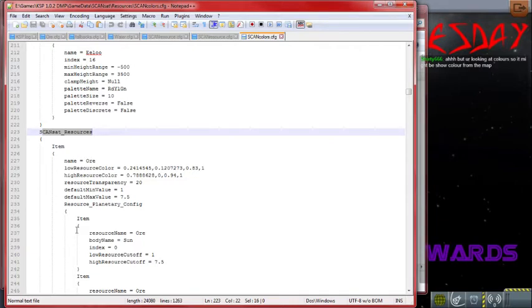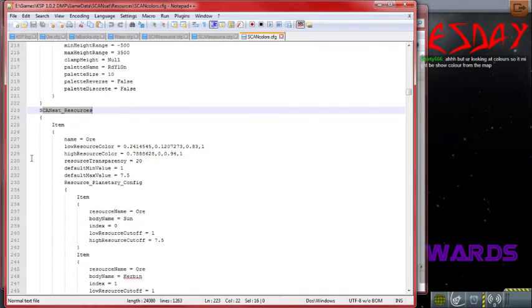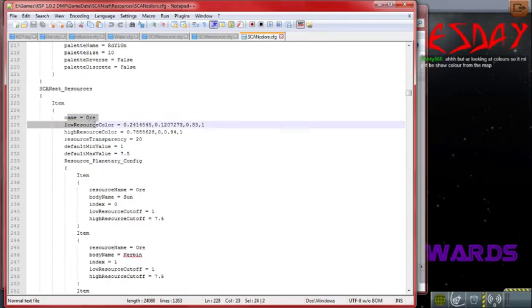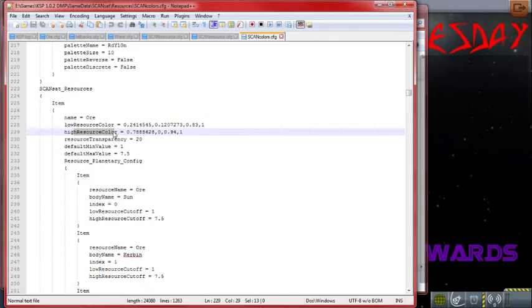Now ScanSat resources is what we're going to be interested in. So we've got ore already defined in here. We've got low resource colour and high. These are the colours. Low resource is like hardly any, and high resource is full.